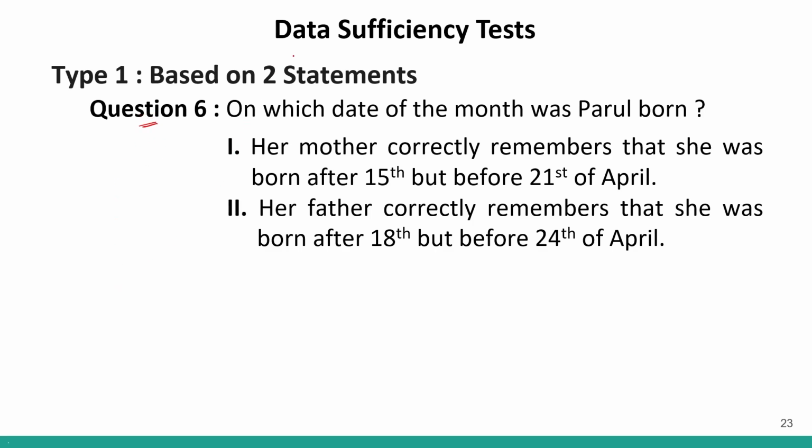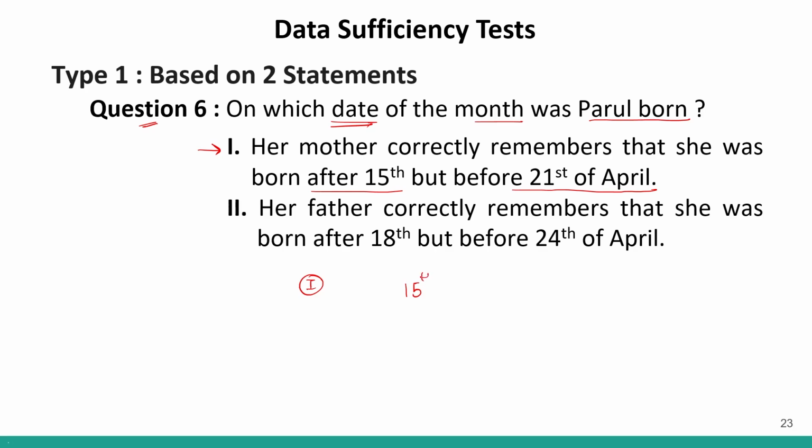In question number 6, we have to identify on which date of the month Parul was born. We have to identify the exact date of the month on which Parul was born. Let us take statement number 1. Statement number 1 says that Parul's mother correctly remembers that she was born after 15th but before 21st of April.